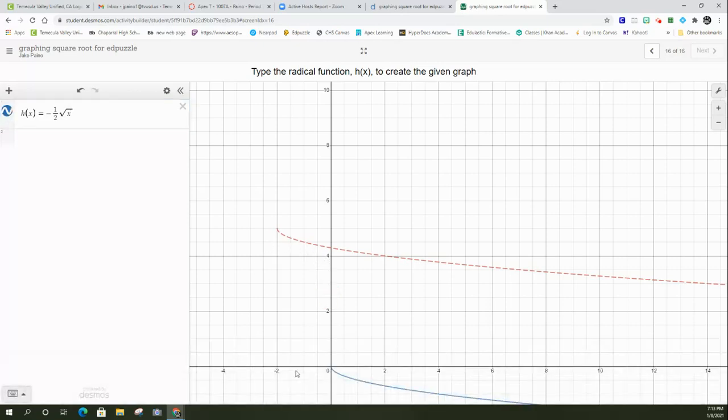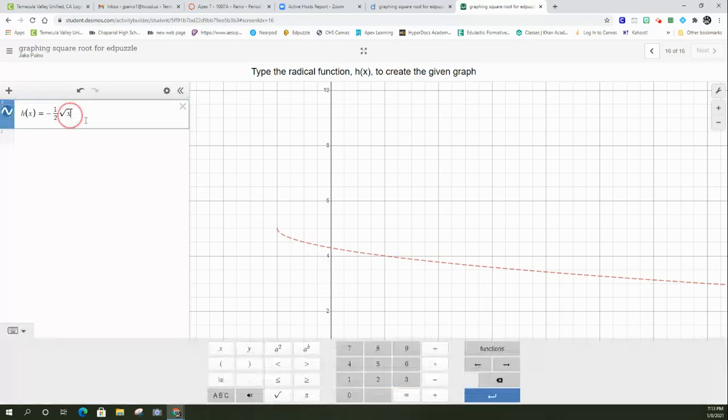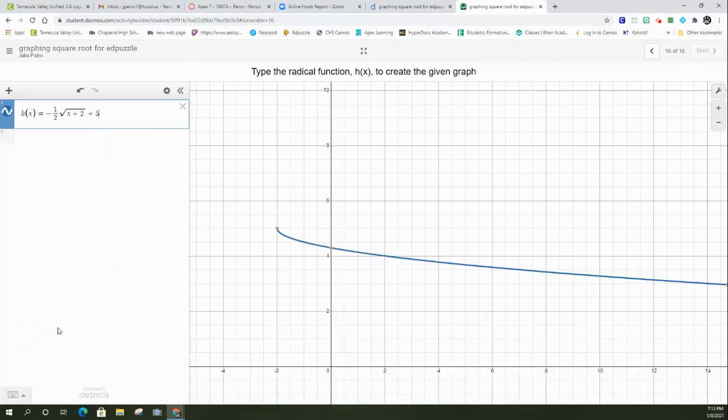What is h? H is negative 2, so it's going to be plus 2. It gets it to the left 3 spots, and then it's up 5. And then there you go. The correct answer you should have selected was negative 1/2 rad x plus 2, plus 5.